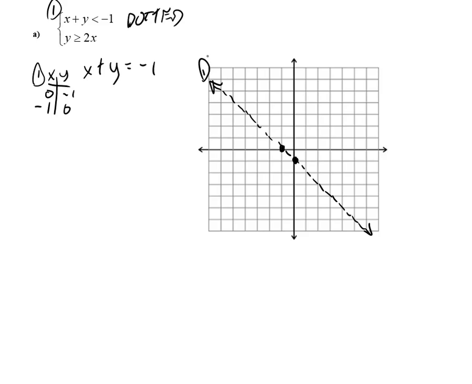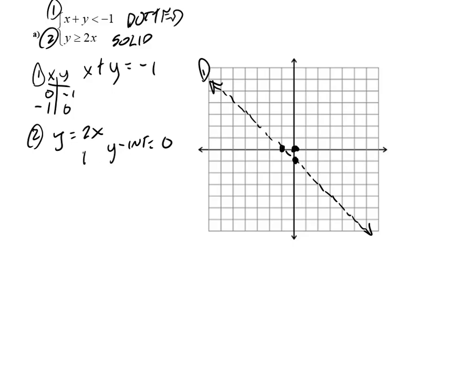For boundary line 2, we got the equation y equals 2x. And this one, because it's greater than or equal to, I will graph it solid. So the boundary line for 2, y equals 2x. What's nice about this one, it's in slope-intercept form. The y-intercept is 0, so I know it goes through the point (0, 0).